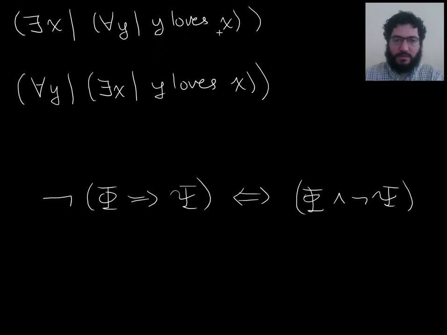Even though I'm using a specific sounding proposition, "y loves x," that's really just to give it flavor and make it easier to think about the basic rules for quantifiers and those subtleties. It's still true that whatever derived rule we prove, namely this one, you can apply to any proposition that involves y and x.